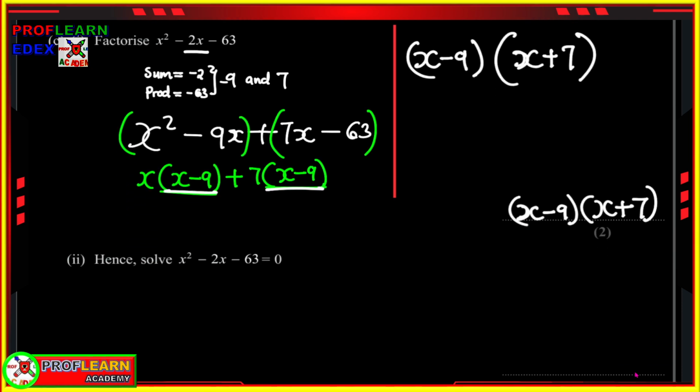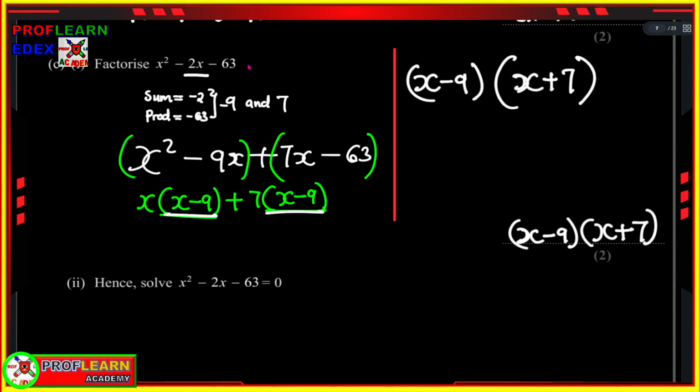Now, once you've factorized, usually the equation that follows is when this is equal to 0, then we can use the factorized form to solve this equation. So we are going to say, because we have factorized the same expression, x minus 9 into x plus 7 should be equal to 0.